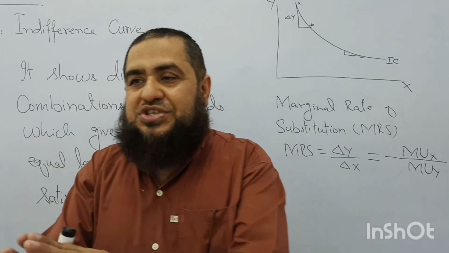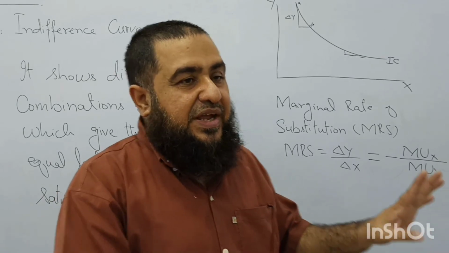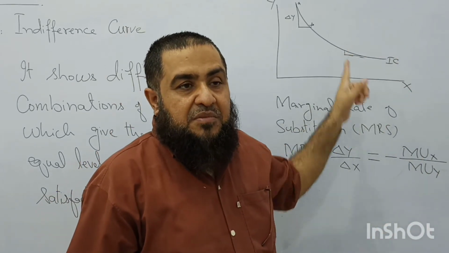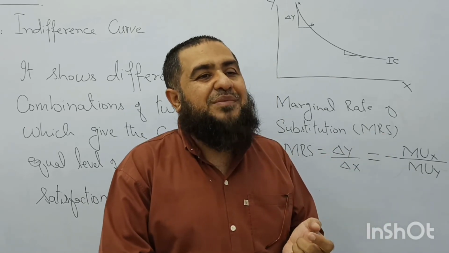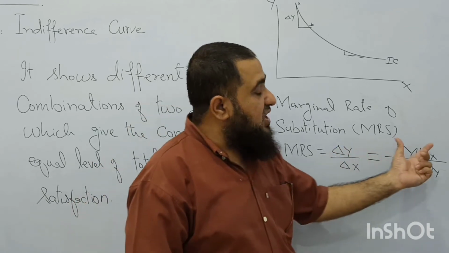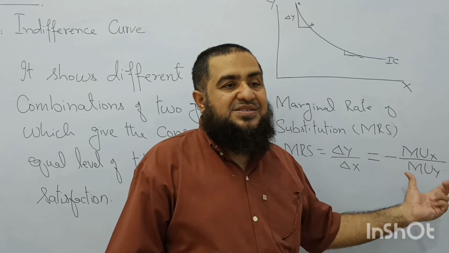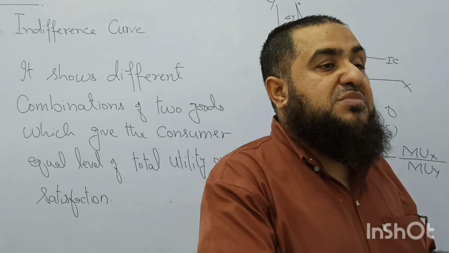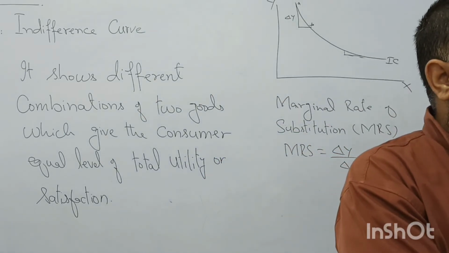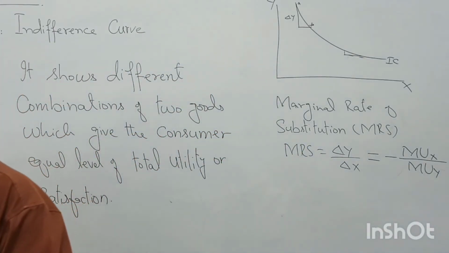Clear? But the total utility of the two goods will remain same. Its slope is diminishing, but the total utility along one indifference curve will remain same. If marginality of X is increasing, the marginality of Y is decreasing, or if marginality of Y is increasing, there is a decrease in the marginality of X. Whatever the marginality consumer gains in one good, there is a corresponding decline in the marginality of the other good, but the total utility will remain same.